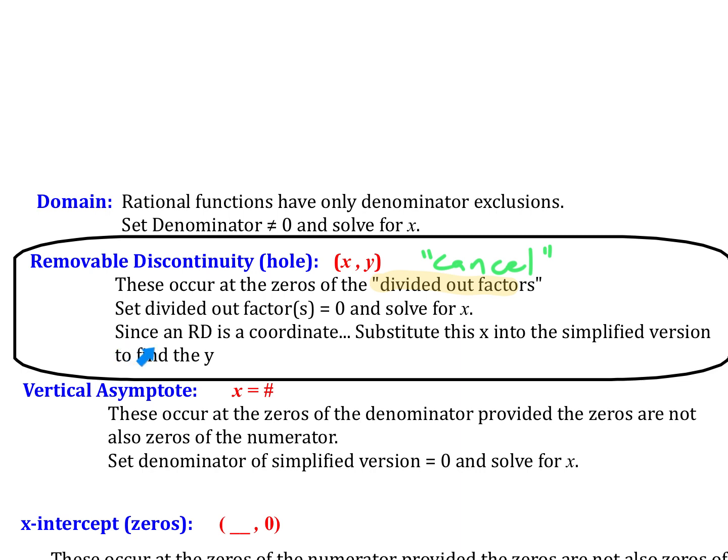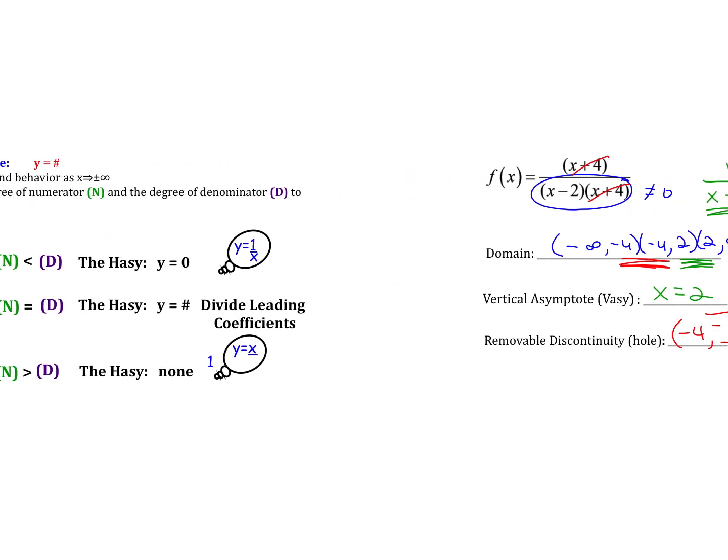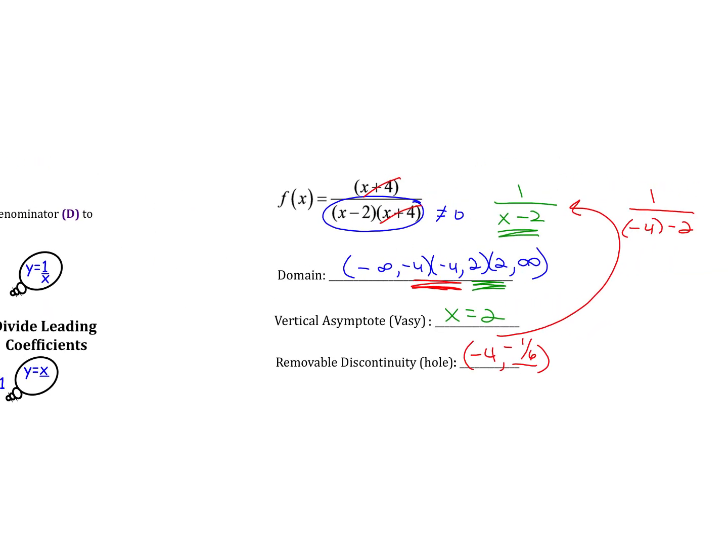Now, once you cancel those out, you can plug that x value back into the simplified version of that function to find the y coordinate. When we graph a removable discontinuity, it's going to look like a little hole in the graph that just got plucked out. All right, so let's see some examples here. Oh, reminder on the horizontal asymptote there.